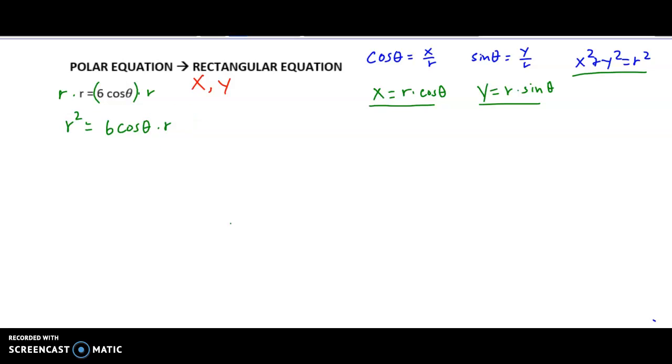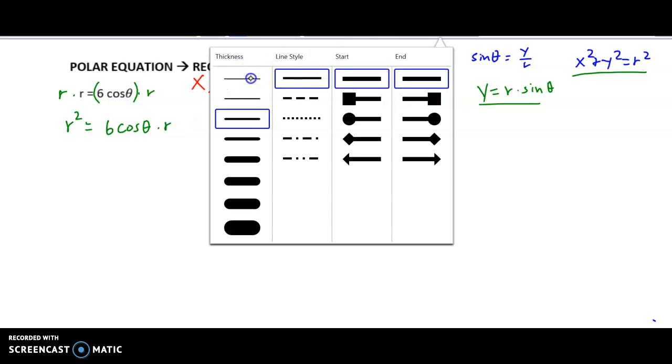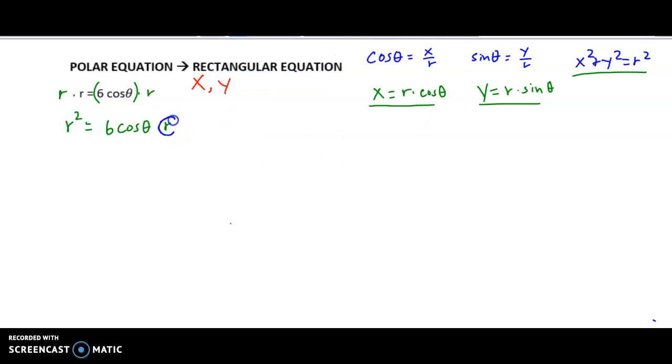If you look on the right side, I'm going to take this r, and since we're multiplying, the order doesn't matter, we can move things around, right? Commutative property. So this is r squared equal to 6 times r times cosine theta.